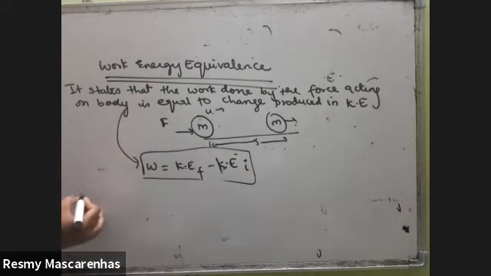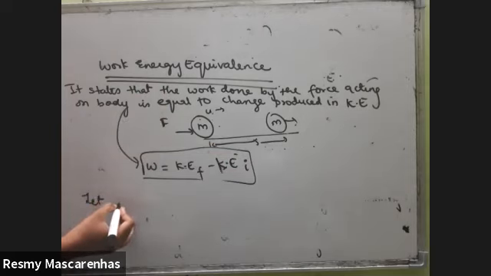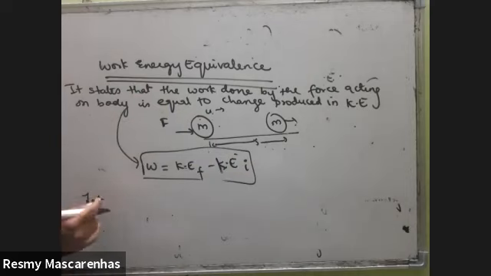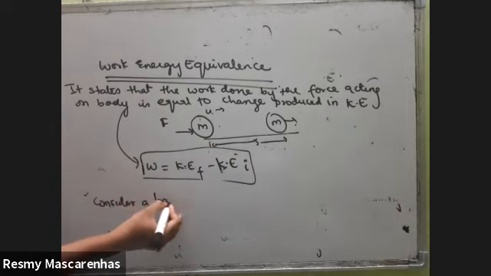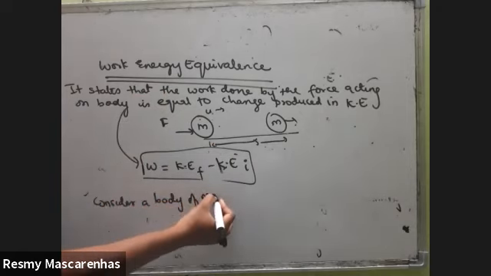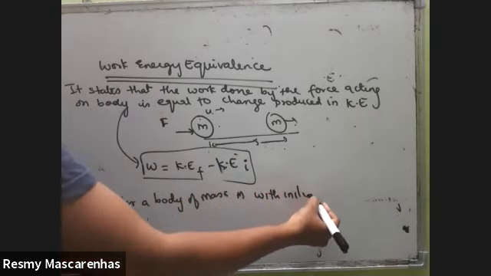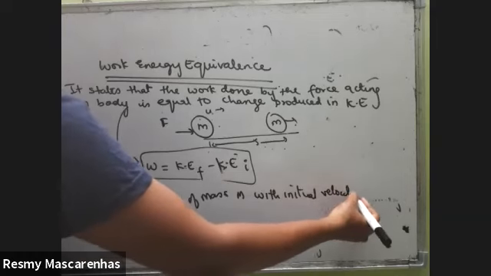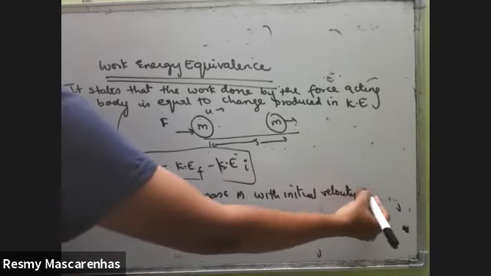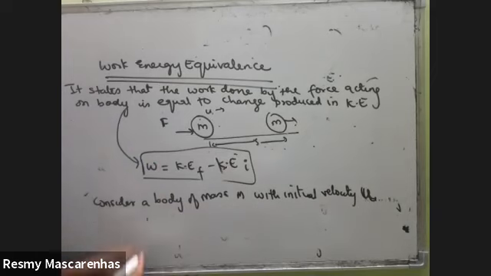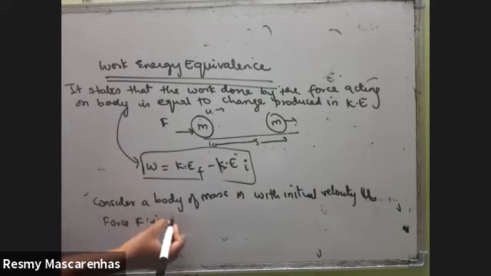So how to start? Consider a body of mass m with initial velocity u. Then we apply a force. Force F is applied.